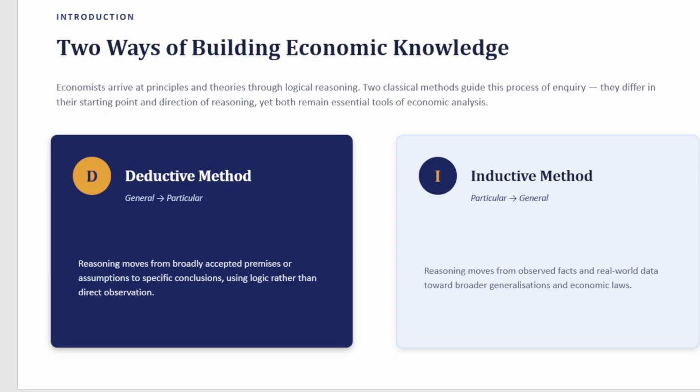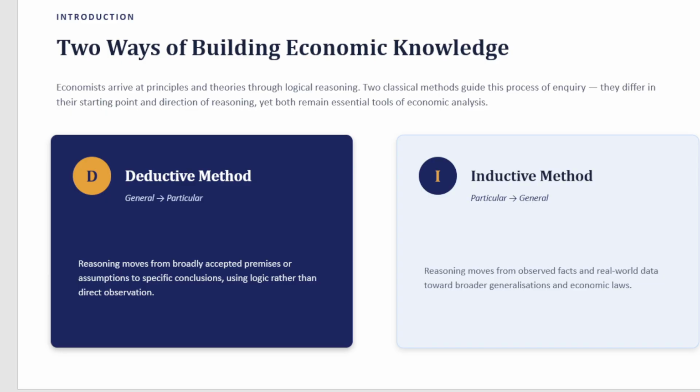Students, these are the methods of building economic knowledge, means of building economic principles. How we can make the economic principles, or how we can go for the research in economics. There are two methods. Deductive method is general to specific.